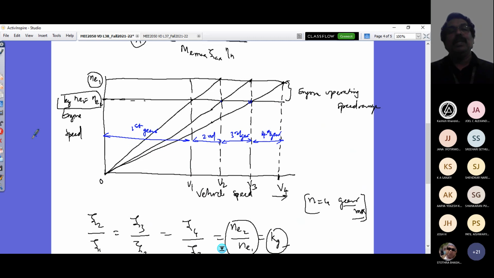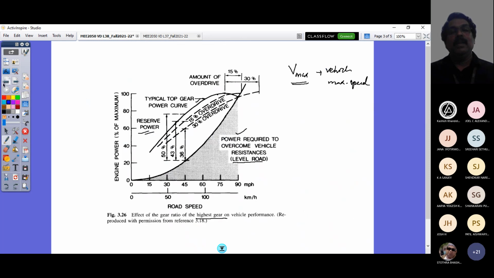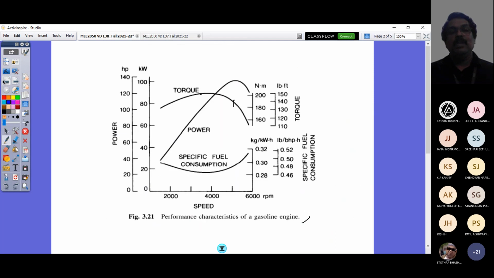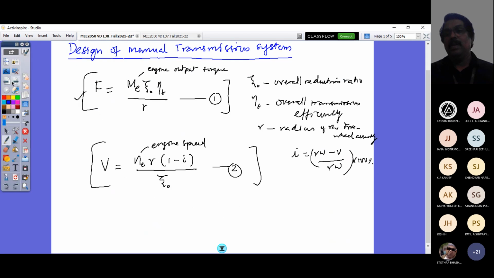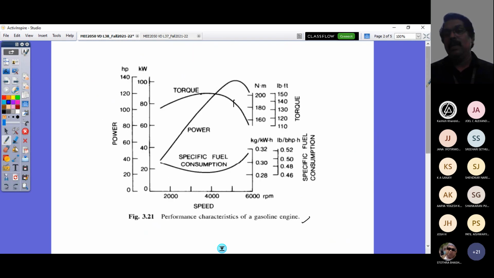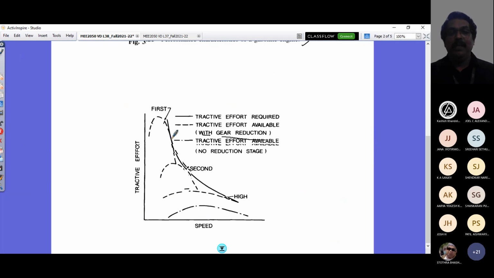So how do you map this to this graph? What is this graph? We can now look at it, and you would appreciate how that is achieved. So here is this one. The first speed, if I take from here to here, this speed range is by first gear.